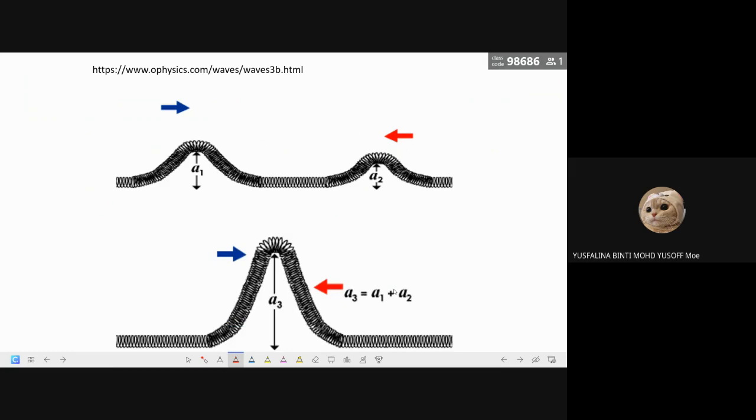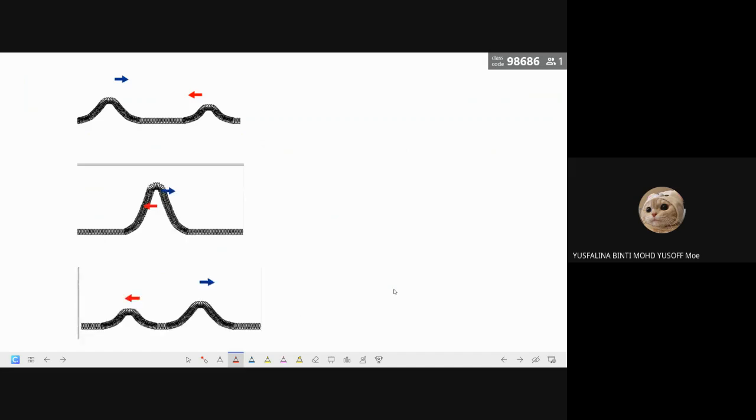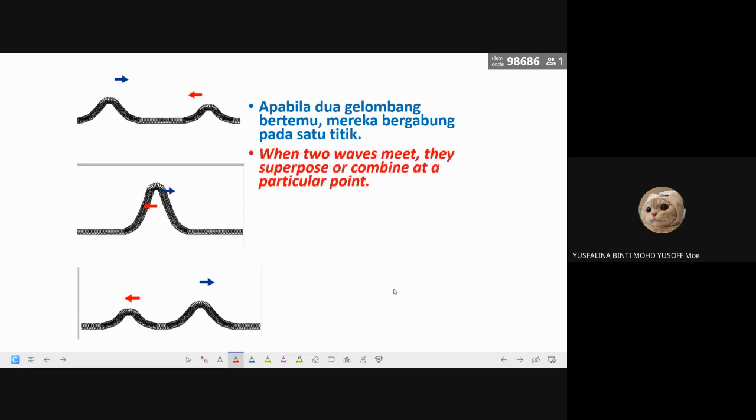So this one is the example. A1, A2. When the interference occurs at the middle, A3 is equal to A1 plus A2. When two waves meet, they superpose or combine at a particular point.